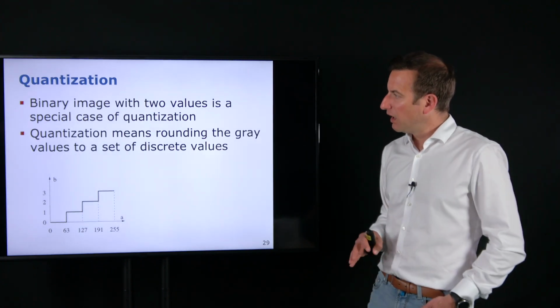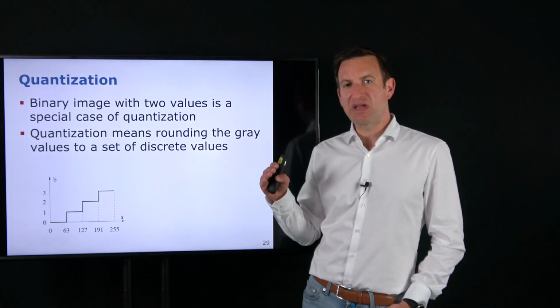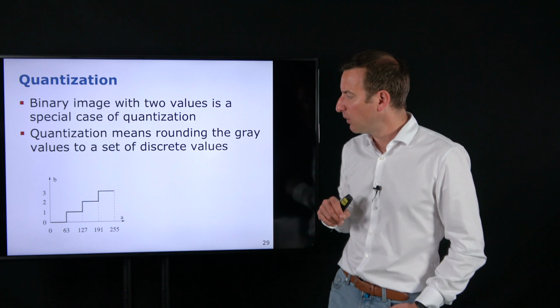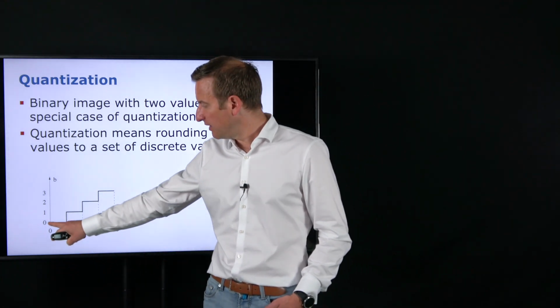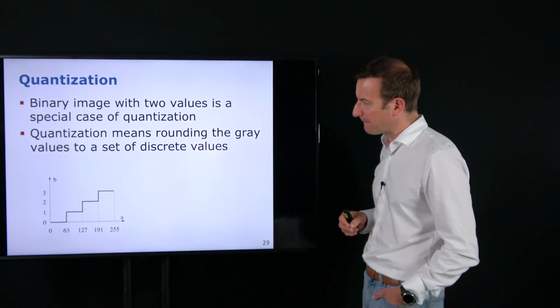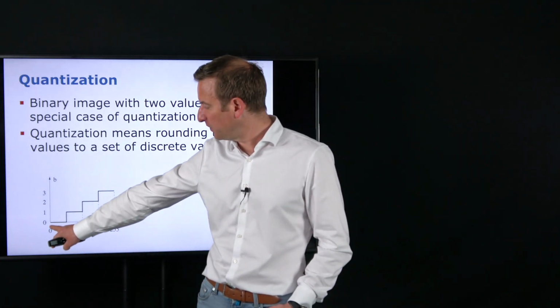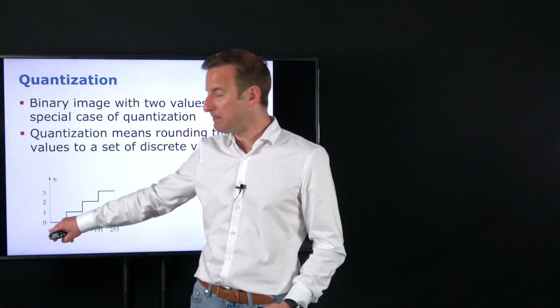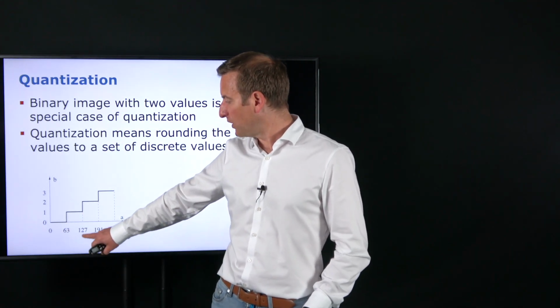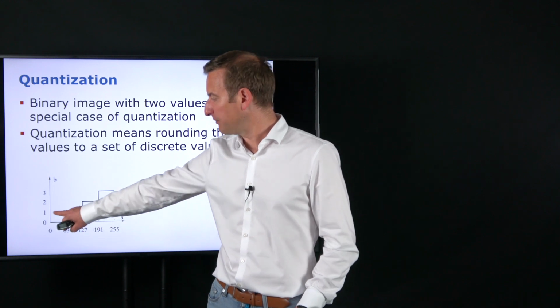We can also do something in between, not doing these extreme steps of just having zeros and ones or zeros and 255s. We can actually make a quantization with a step function which looks like this. So what is this step function doing? It says all the intensity values between 0 and 63 should be mapped to 0. All the values between 64 and 127 should actually be mapped to 1.